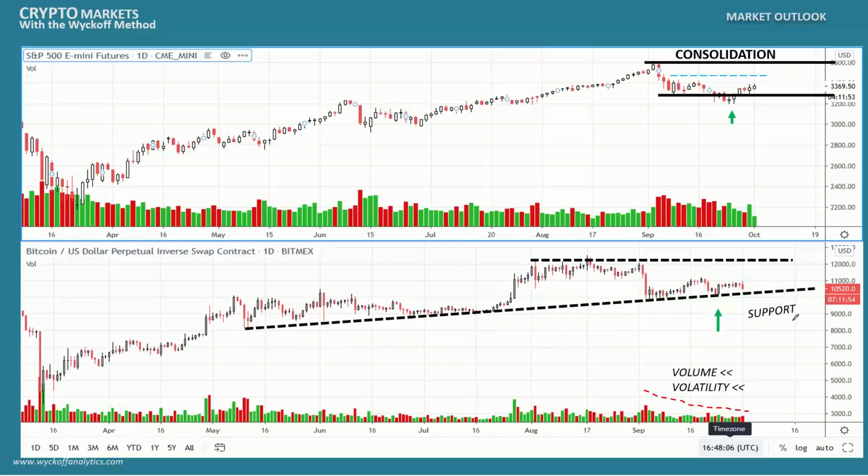Alessio, I am also thinking here, we always like to develop different types of scenarios. So what if the crypto, or let's say Bitcoin, drops here below the support? How would we interpret that?